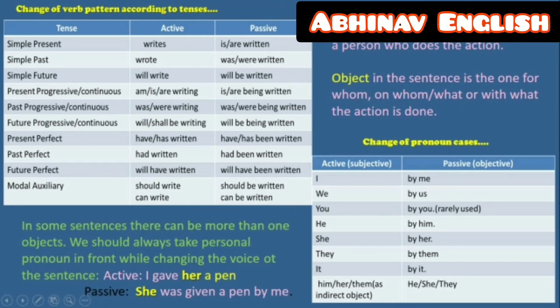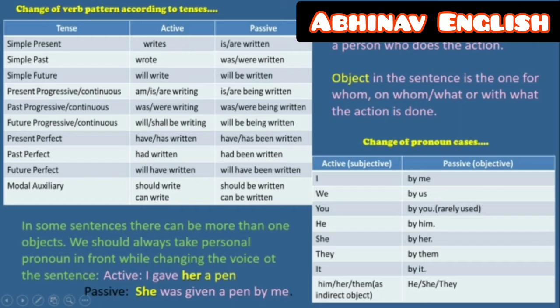Sometimes there can be two objects at a time in the sentence. So what to do that time? As we have seen in change of pronoun case, the last point, it is the same about that. Just have a look at the example of how there can be two objects at a time. If the sentence is I gave her a pen, there are two objects, her, pronoun case, and a pen, which is a thing, an object.